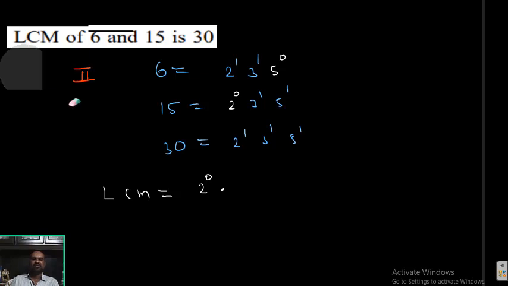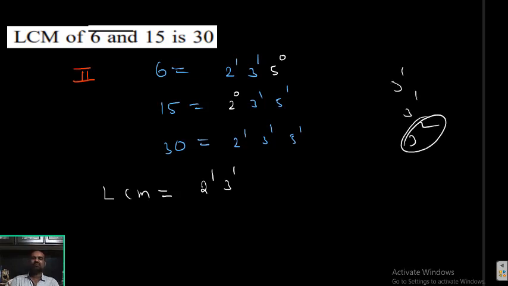Now for LCM, the product of prime factors with the highest powers: 2 power 1, 2 power 0, 2 power 1, so 2 power 1 should be taken. 3 power 1, 3 power 1, 3 power 1. Understood? If 3 power 2 is there, for example, you need to take 3 power 2. 5 power 0, 5 power 1, 5 power 1.